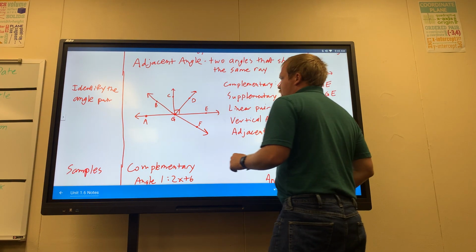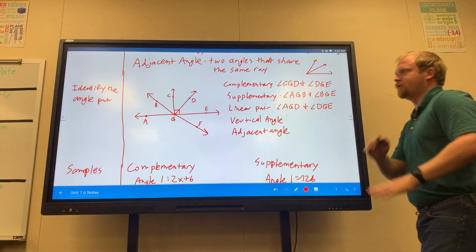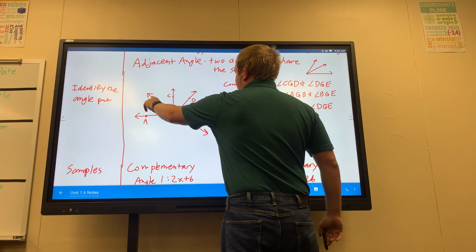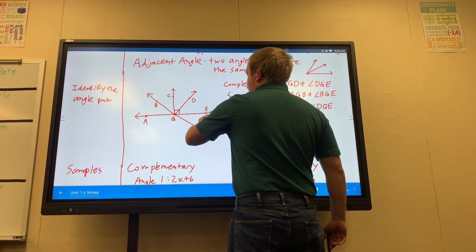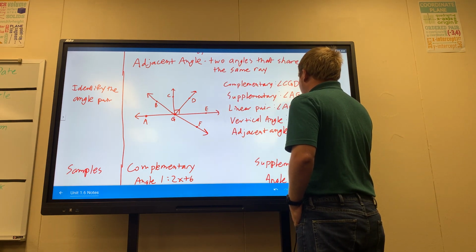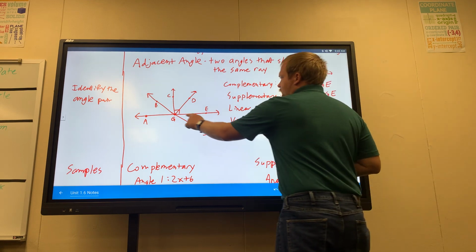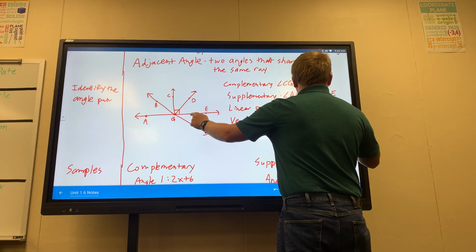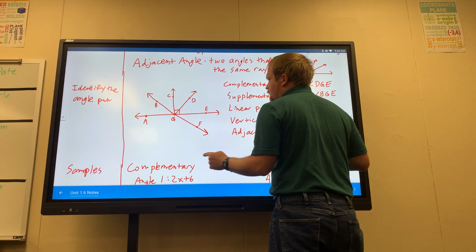Now, as far as vertical angles, this is where we have two lines that cross. So I have line BF right here and AE. So one pair of vertical angles would be BGA, and the opposite of that angle would be angle EGF.